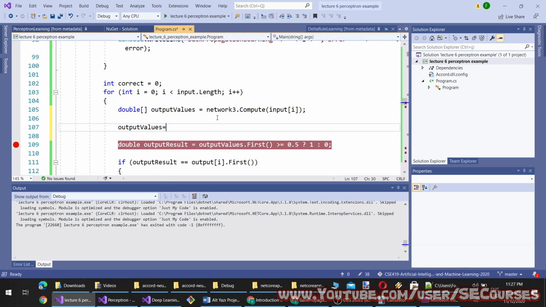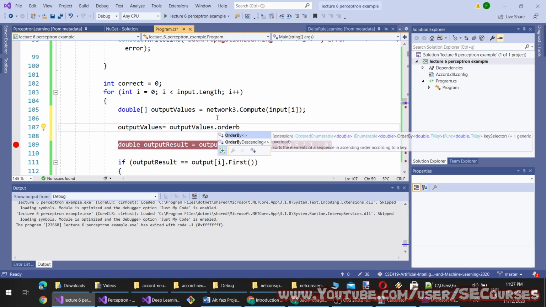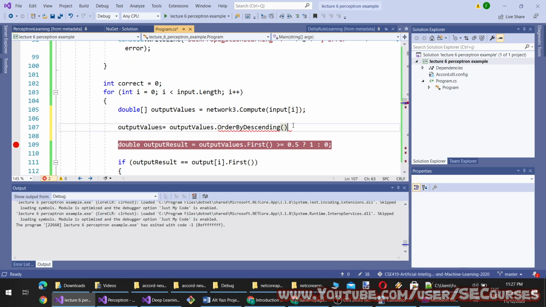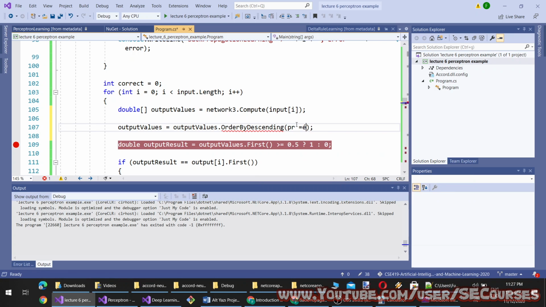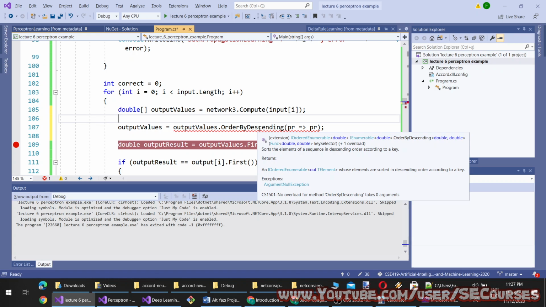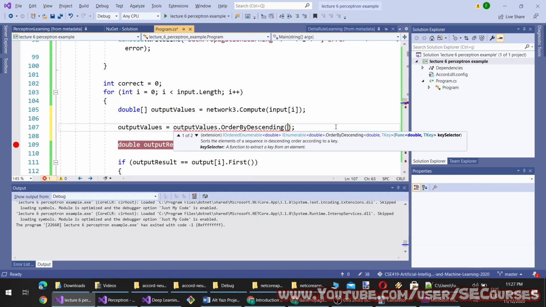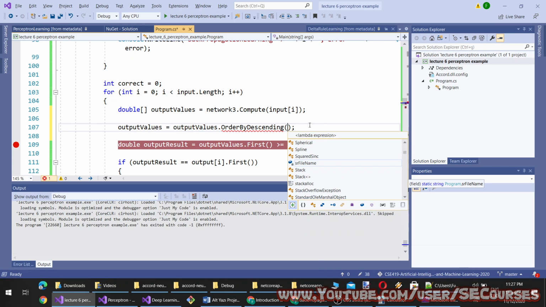Okay, order by descending. I'm going to use array sort.